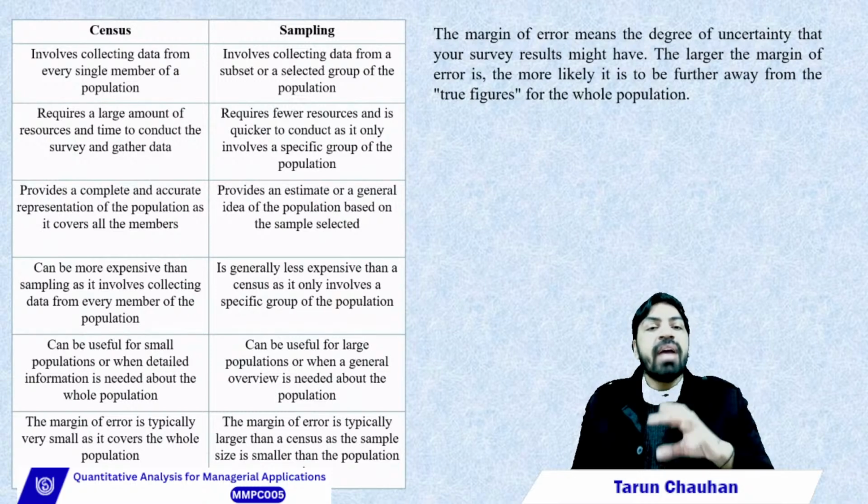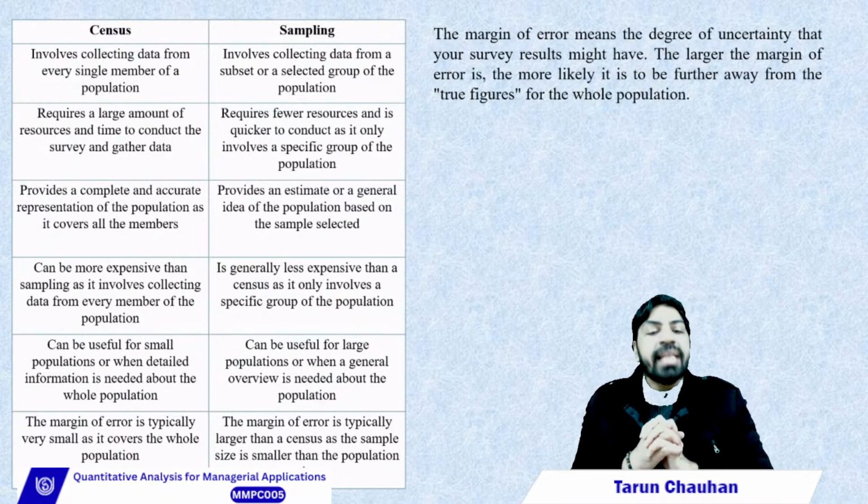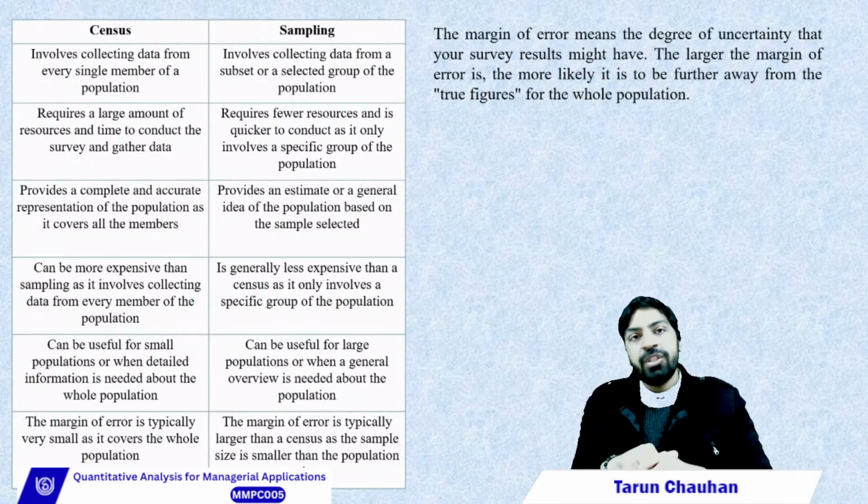The margin of error is typically very low in a census, as it covers the whole population. But when we talk about sampling, it is larger than the census because the sample size is much smaller than the population size.